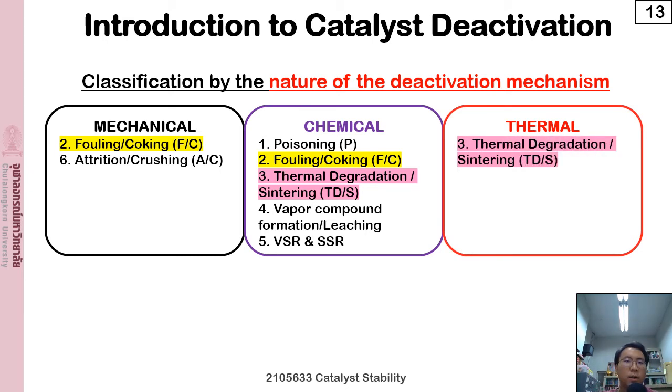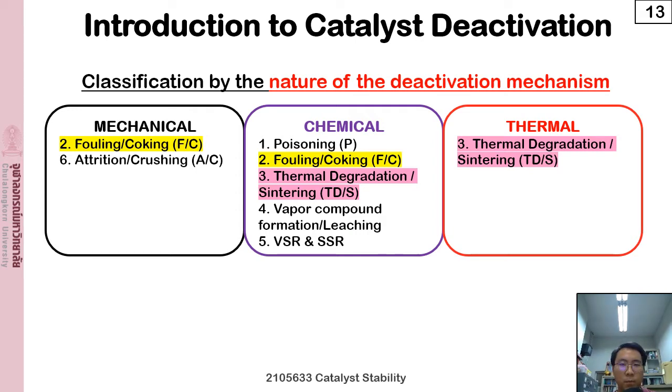As you can see here, the mechanical deactivations consist of fouling, which we can also call coking, and attrition and crushing, because fouling can cause breaking of the catalyst particles also. But we can see it more clearly in attrition and crushing, which causes mechanical failure to the particles.